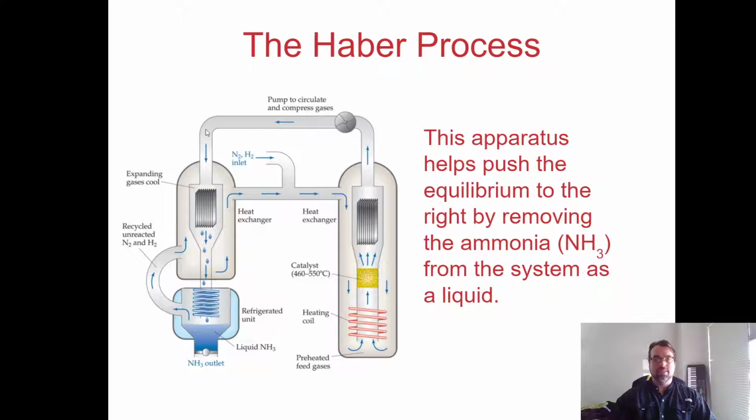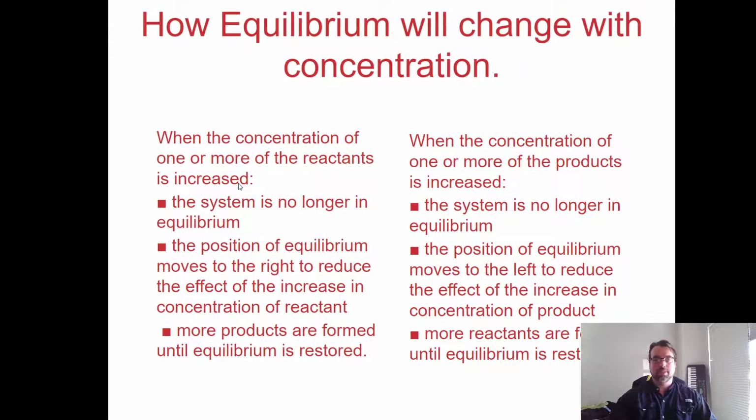So this is the whole process for the Haber-Bosch, and we'll explain the Haber-Bosch in a little bit more detail, okay? But for right now, we're going to go into depth about how equilibrium will change with concentration, okay? And when the concentration of one or more of the reactants is increased, the first thing that you're going to notice is that we've changed our conditions, therefore the system's no longer going to be in equilibrium.